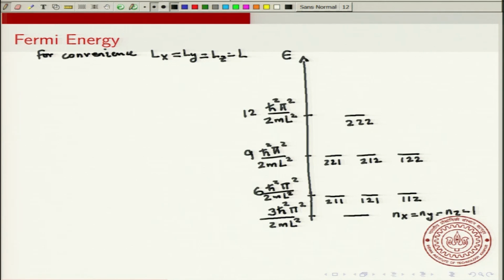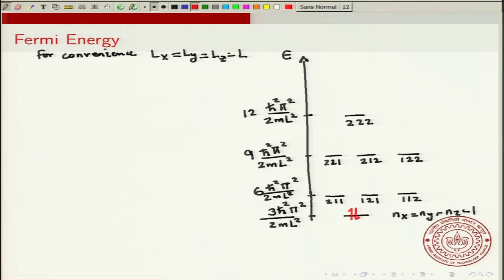Now, what I want to say is that each of the electrons will have such a distribution of energy. Each of the electrons will have these energy levels. Now because these electrons are fermions, in each level there can be at the most 2 electrons.